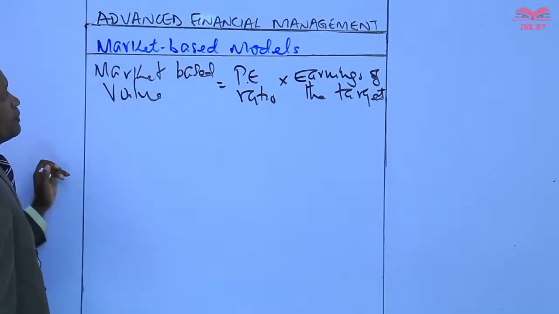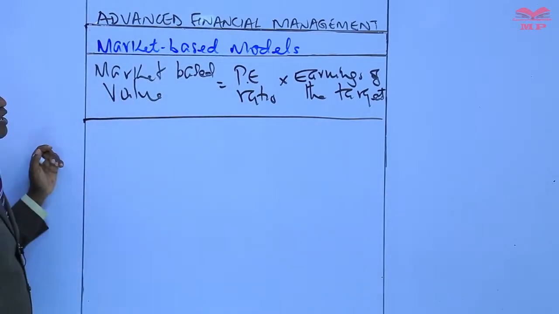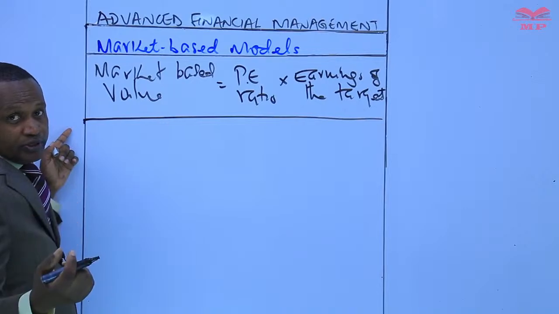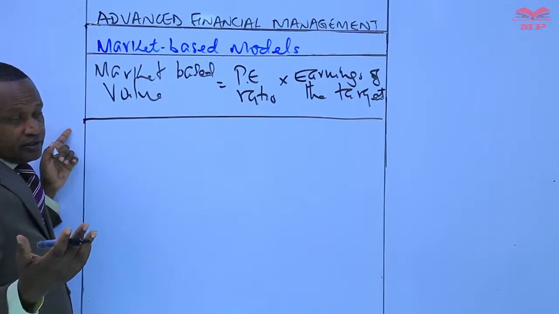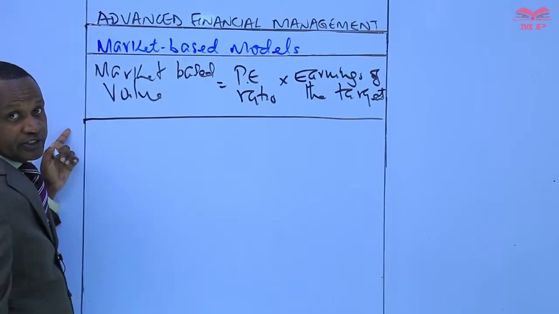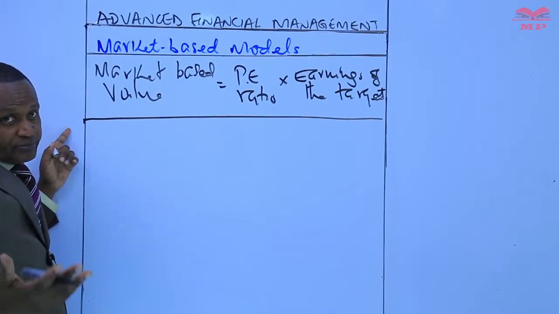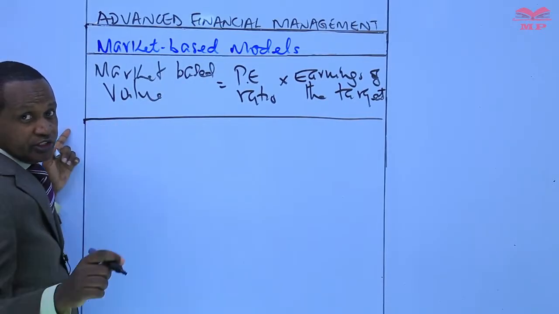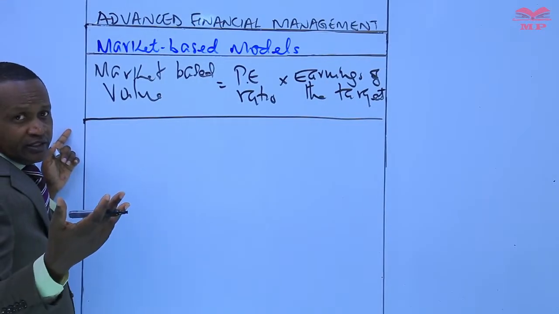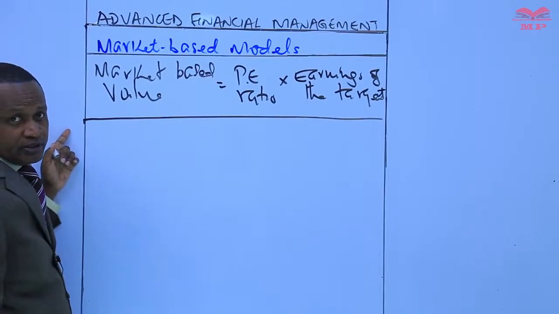All right? And candidates, earlier on I indicated that the market-based models could be used particularly for companies that are listed on the stock exchange. If the company being acquired is quoted on the stock exchange, then the market value is clearly the minimum that the shareholders in the company would be prepared to accept.